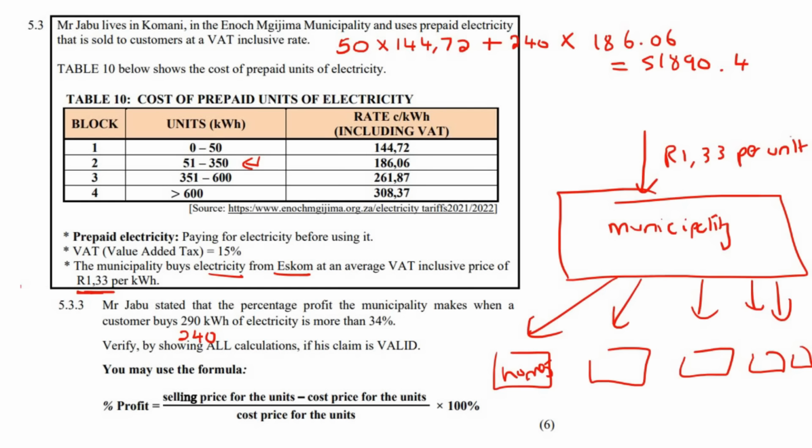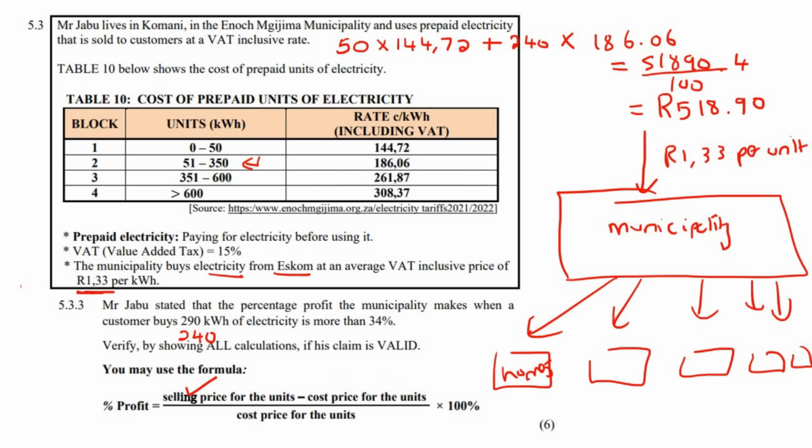Now we need to change that to Rand, so let's divide that by 100. That'll be 518 Rand and 90 cents. That is what the person buying the electricity from the municipality would spend. That's called the selling price. Now we need to get the cost price.